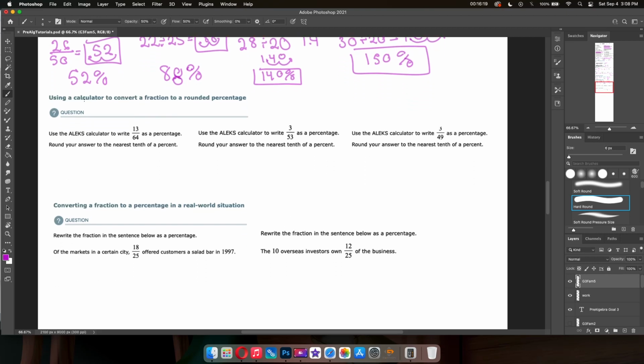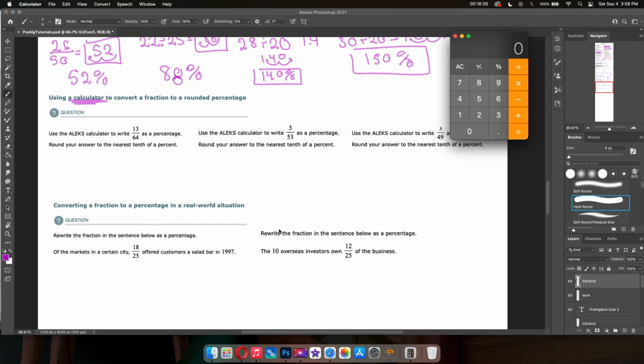Now, finally, using a calculator to convert. So Ms. Dubois can no longer do this math in her head. The first one we have over here is 13 divided by 64. Place your bets on how many decimal places are going to be here. I say that because it says immediately round to the nearest tenth of a percent. Enter.